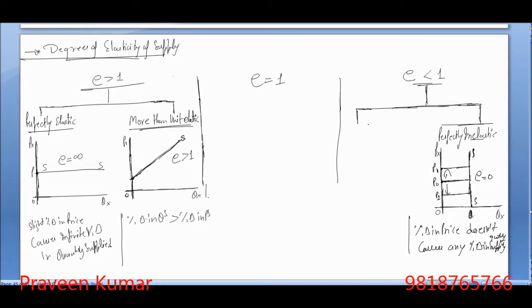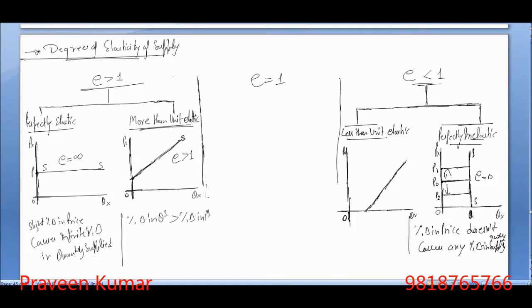Similarly, we can have less than unit. Here we had the more than unit elastic. Now in this case, we have less than unit elastic. This is the price, this is the quantity, and in this case the supply curve originates from the horizontal axis.